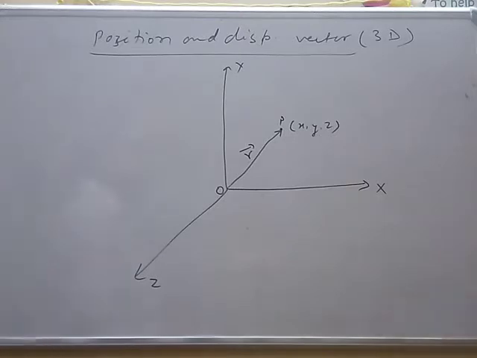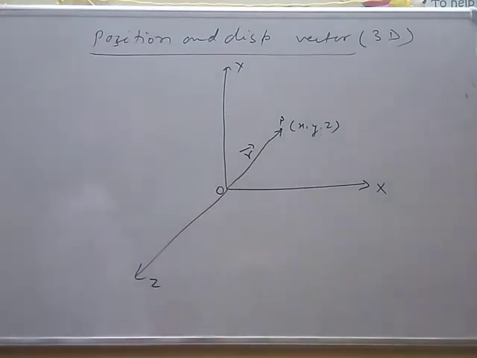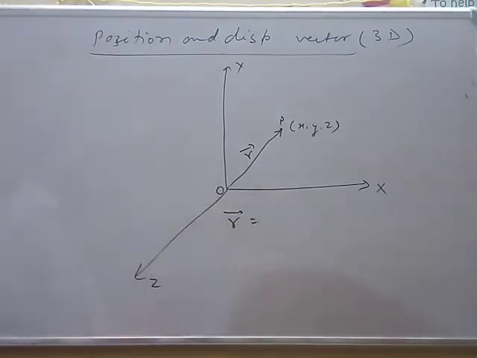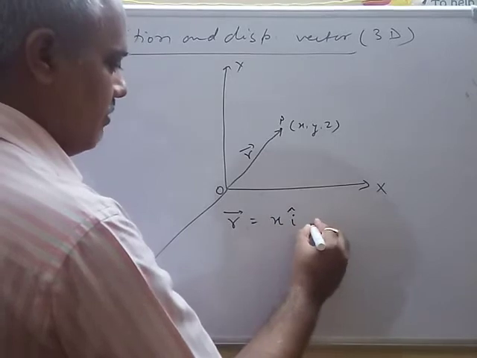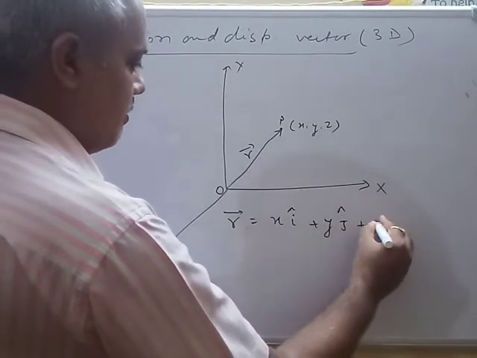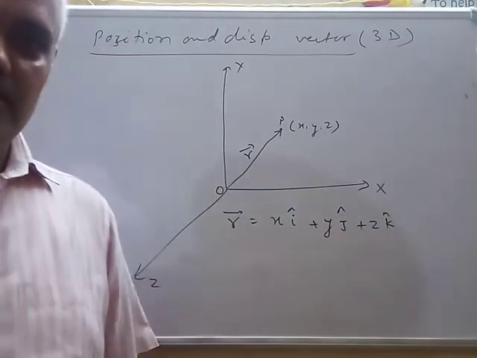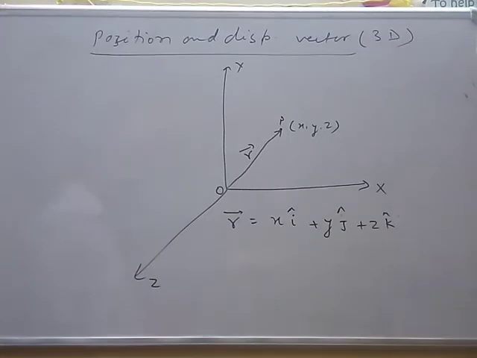If we represent this position vector r in terms of its components along x, y and z axes, then we may write position vector r equal to x i cap plus y j cap plus z k cap, where i, j and k are the unit vectors along x, y and z axes respectively.